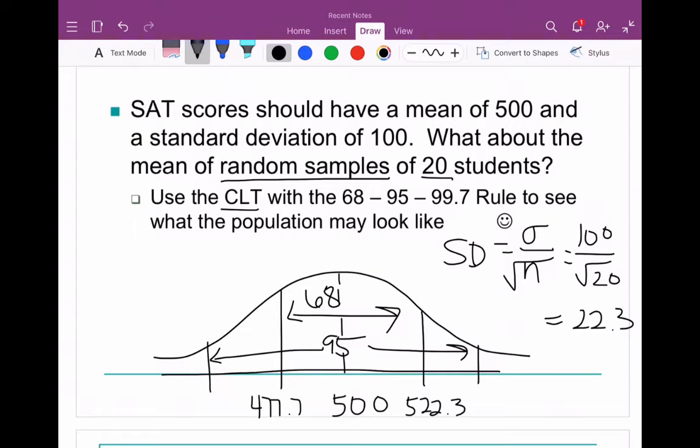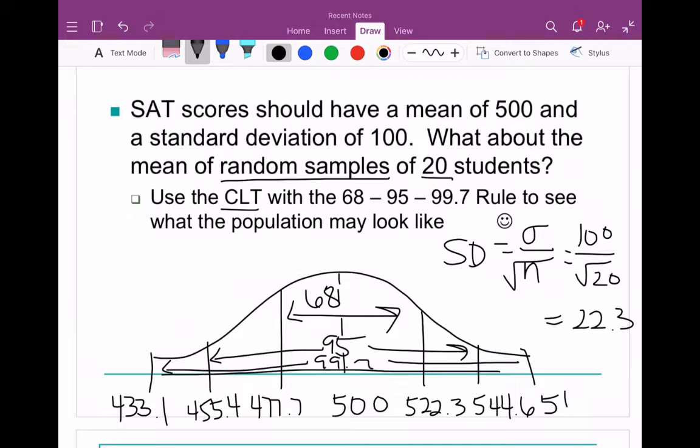So scores that are in between 455.4 and 544.6. And then 99.7% of the data fall within three standard deviations. So in between scores of 433.1 and 566.9. So this is how our distribution would look.